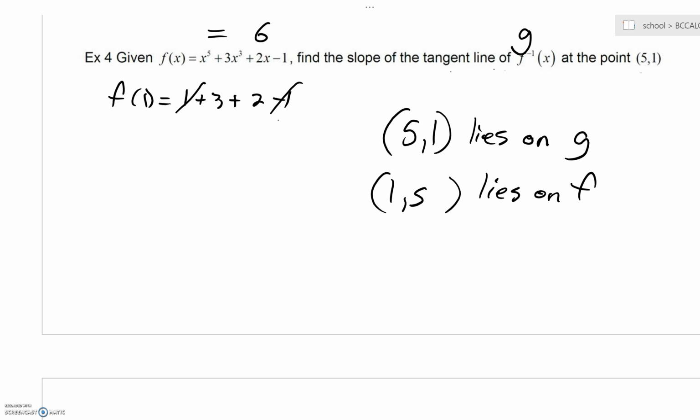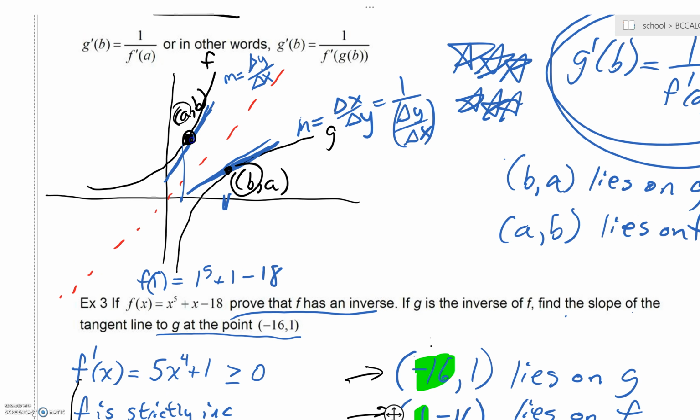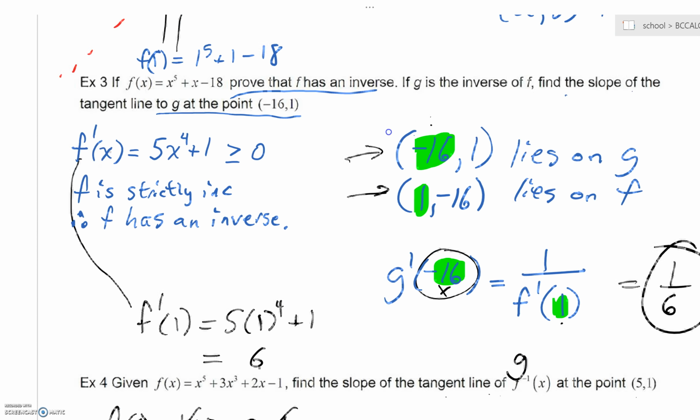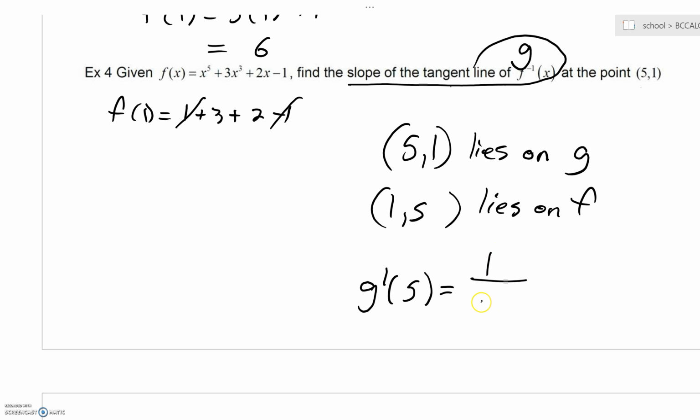So we have very different points of tangency. Just like what we were seeing above, the a, b and the b, a are very different from each other. So they're saying, could you find the slope of the tangent line of g? g prime of 5 would be what, from what we just saw? 1 over f prime of 1.